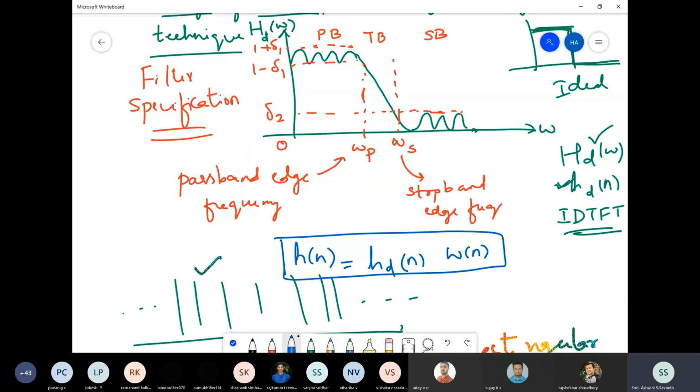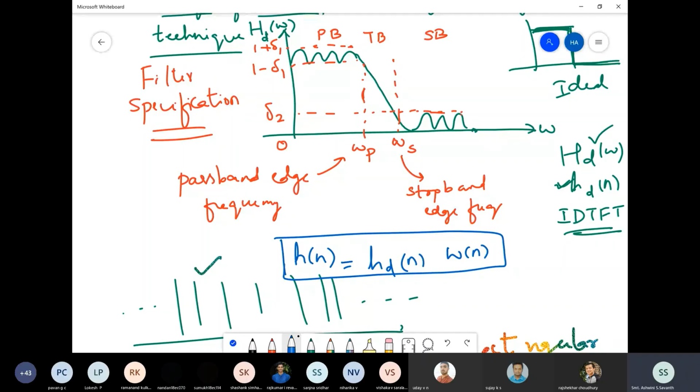Okay. So now we'll have to write down all the equations clearly. What is HD of omega? How do you write HD of n? Also, some of the discussions we do in the frequency domain, some in the time domain. So we keep on shifting from time domain to frequency domain, which you should observe. Once I say frequency response, I'm talking about the frequency domain.